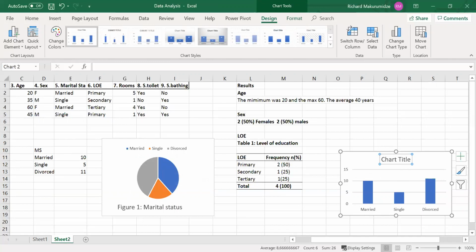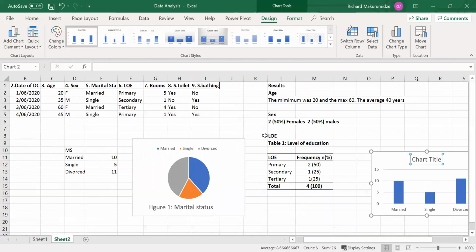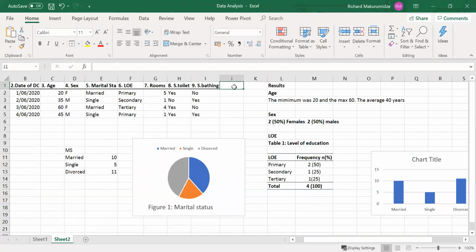Then the other thing which I didn't include here: usually when you are doing a research, you have your variables. One of the variables, we call it an outcome. It's an outcome variable. Like in this case, we wanted to say the risk of getting corona. It depends on your study.